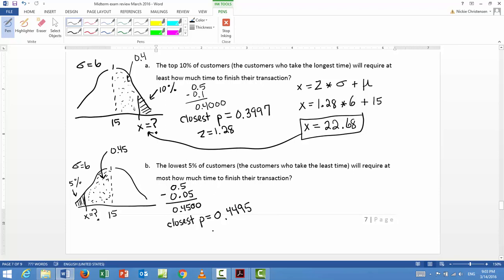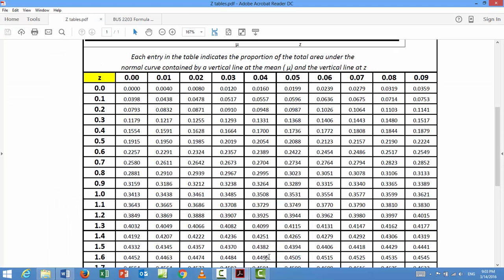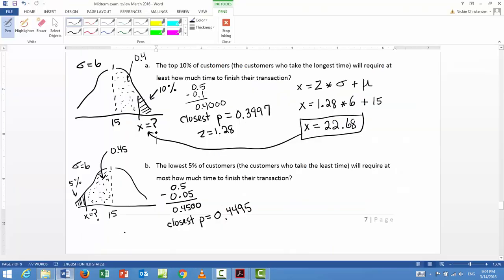Okay, and that matches up to a z-value of 1.64. Now, that z-value would be negative.